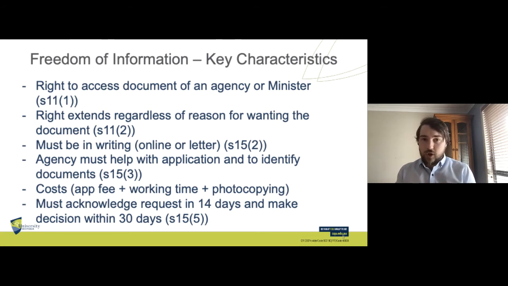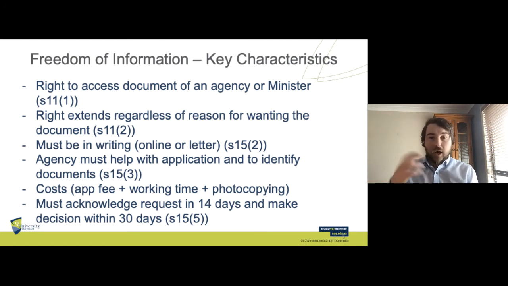identify relevant documents. So a good example might be in a Freedom of Information request, a person might ask for a few reports relating to a particular matter. And the agency knows, because they commissioned those reports, that there's these series of reports that the applicant has asked for, but also really relevant to that is a survey that they conducted as well, perhaps.